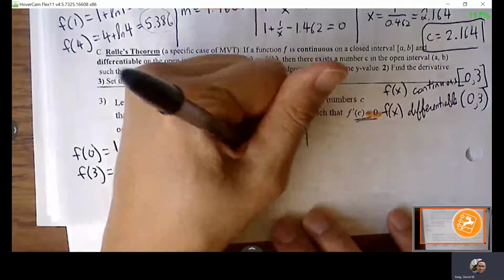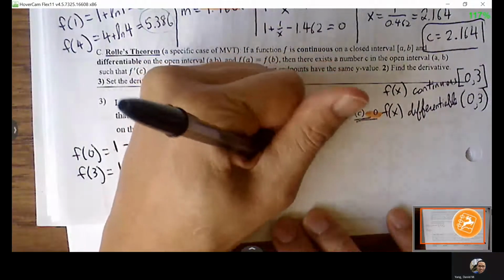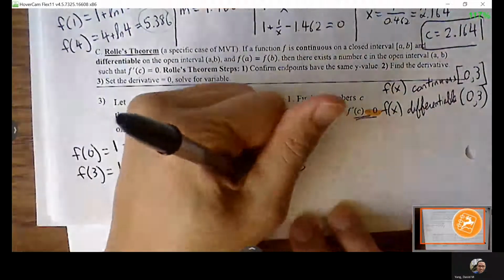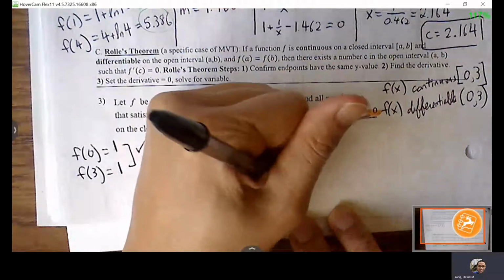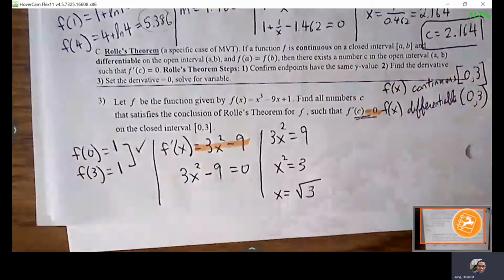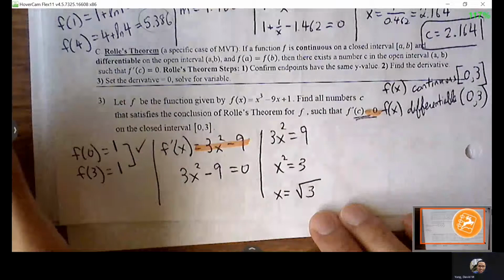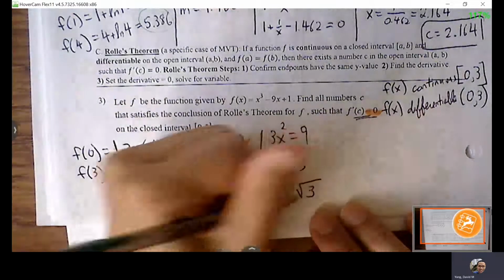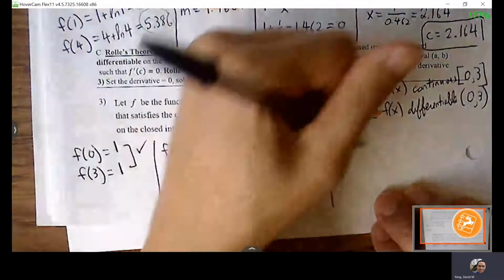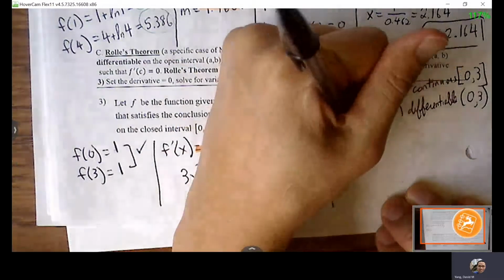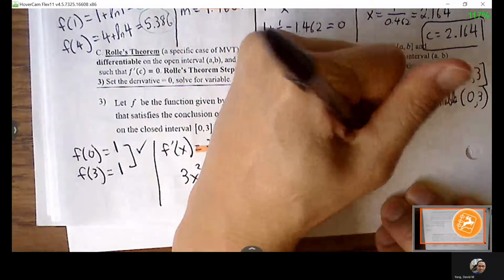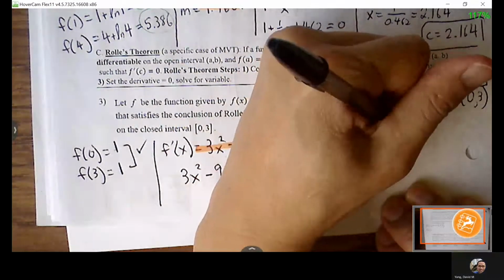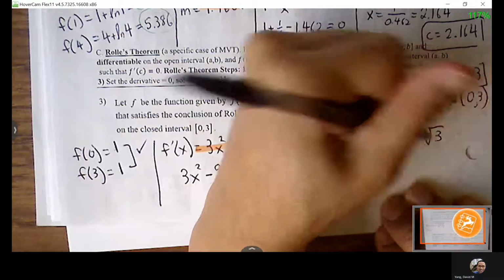Okay, divide both sides by 3. Take the square root. Now, what happens, though, if I take the square root? What's going to show up? Plus or minus. So there's actually 2 potential locations here that have slope 0.